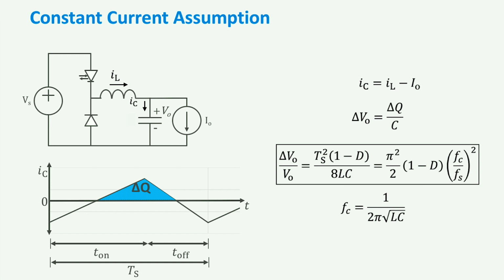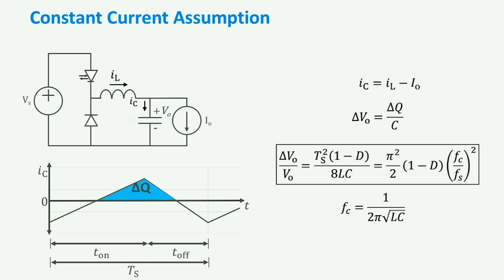We can also express the voltage ripple in terms of the cutoff frequency of the low-pass filter given by f subscript c. The value is a function of the inductance and capacitance. As we can observe from the equation, if the cutoff frequency of the filter is significantly smaller than the switching frequency, the voltage ripple becomes also very small.